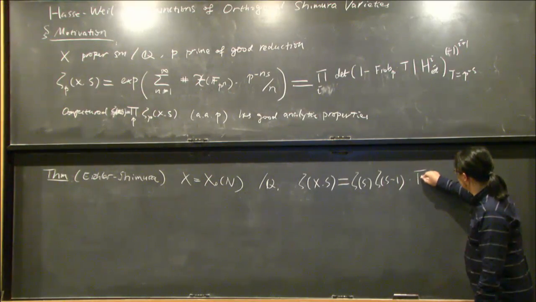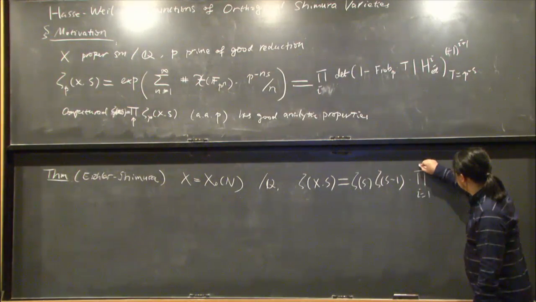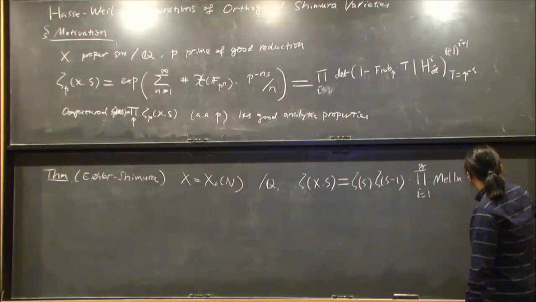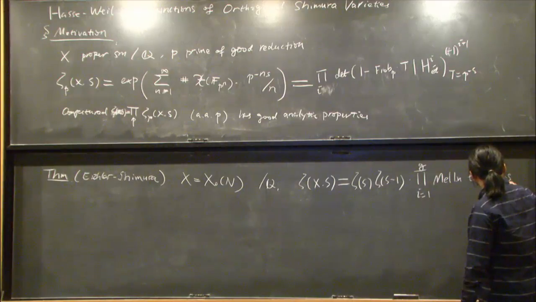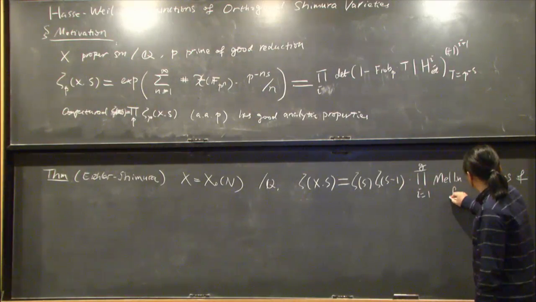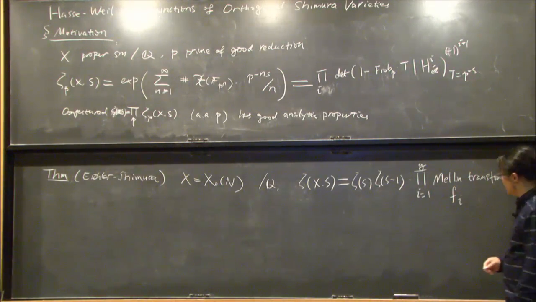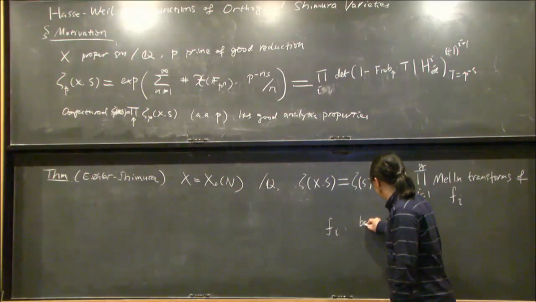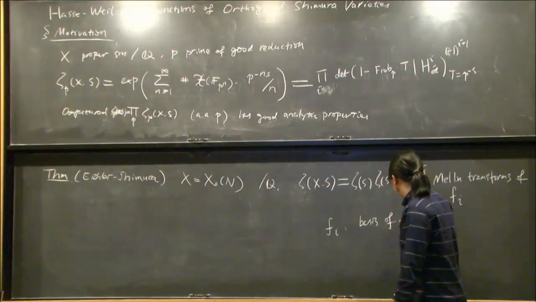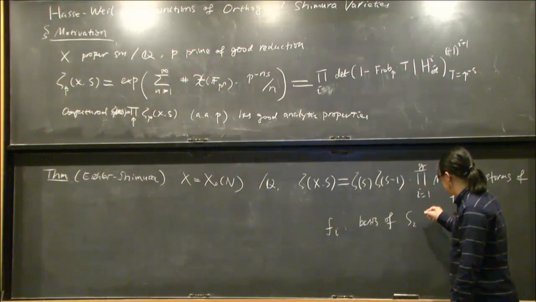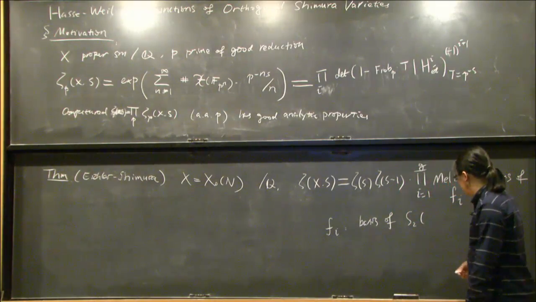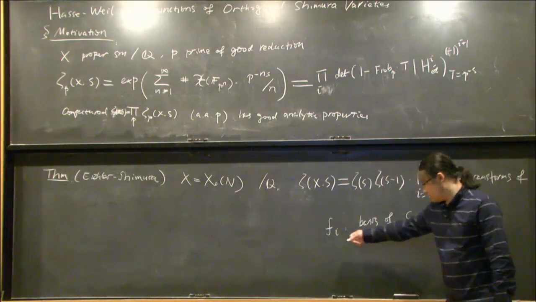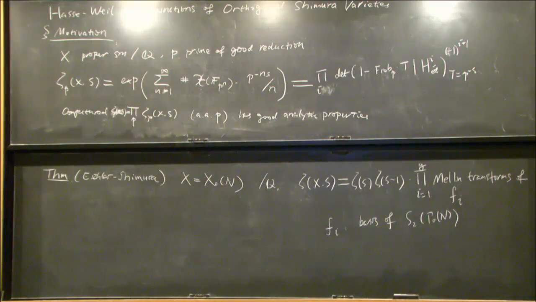And the H^1 part will be a product of the Mellin transforms of modular forms f_i. Here f_i is a basis of the space of weight two cuspidal modular forms of level Gamma_0(N). You take them to be Hecke eigenforms.